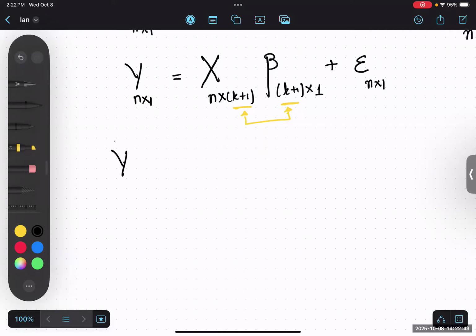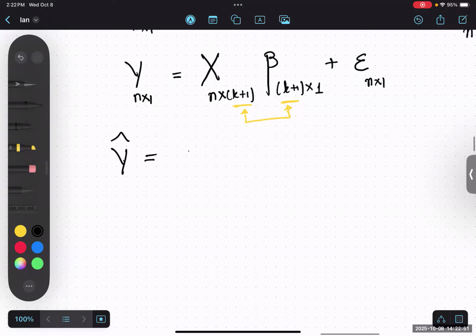And with that beta hat, you could estimate your dependent variable. The fitted values of this linear model, which we are going to continue calling y hat, come from the product of this matrix X, which only contains observations, and the vector beta hat. Beta hat is obtained using OLS.